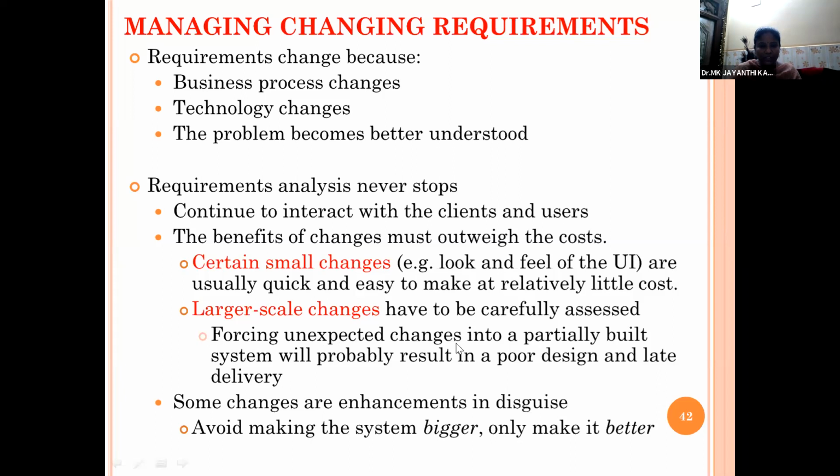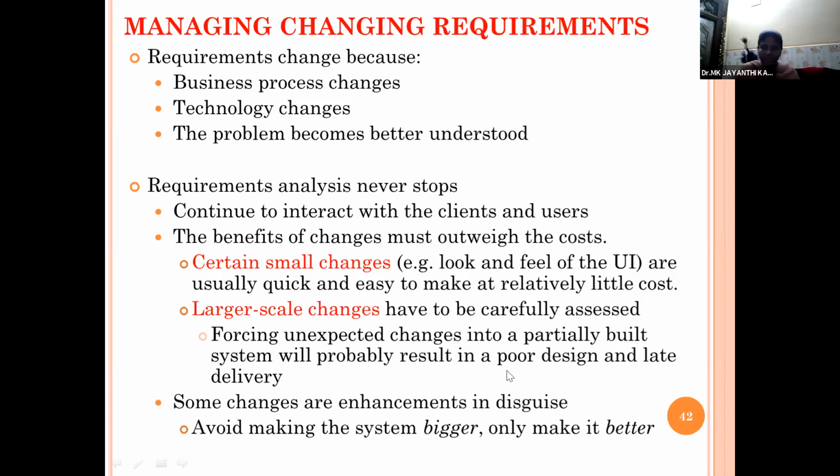If it is a large change, we will totally change the project. All the functions will be changed, the end users may change, and the language and the software and hardware configuration may totally change. That is called large scale changes, and they have to be carefully assessed. Forcing unexpected changes into a partially built system will probably result in poor design and late delivery. So we need to fix the requirements before we start doing the projects.